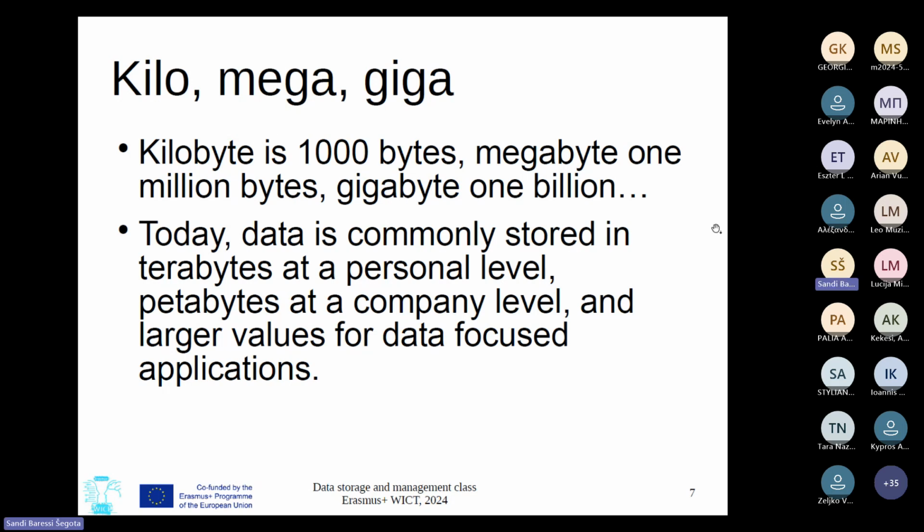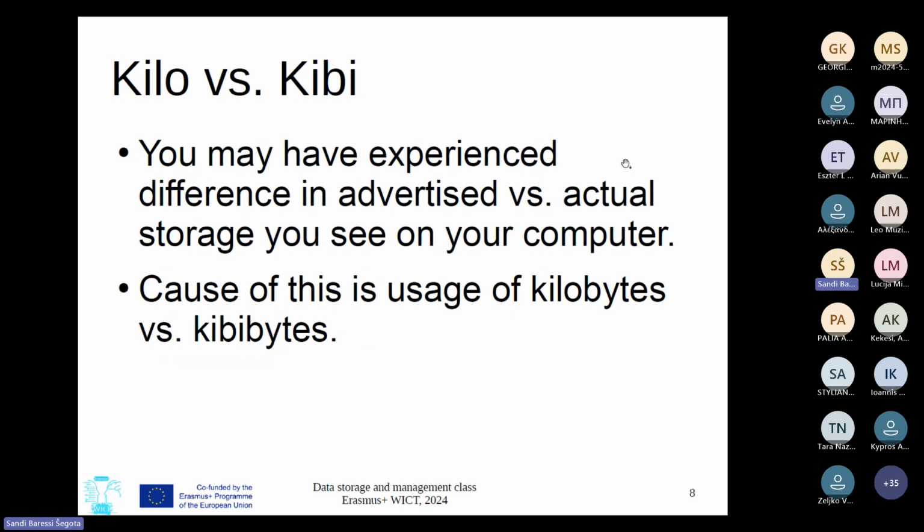No? Okay. Well, the reason it happens is that there are two standards of showing it. I mentioned that you have kilobytes before, and 1 kilobyte is 1000 bytes. In addition to that, you have kibibytes.